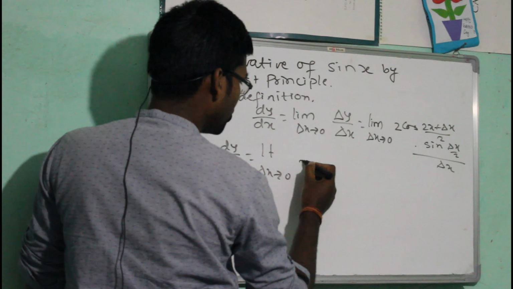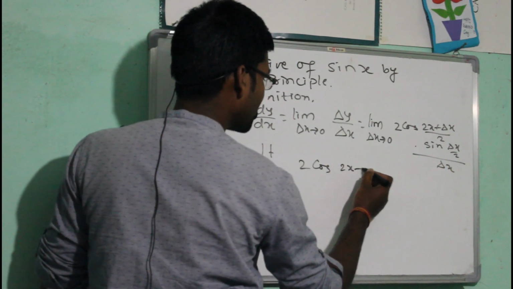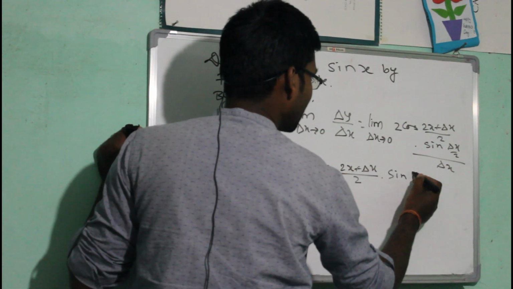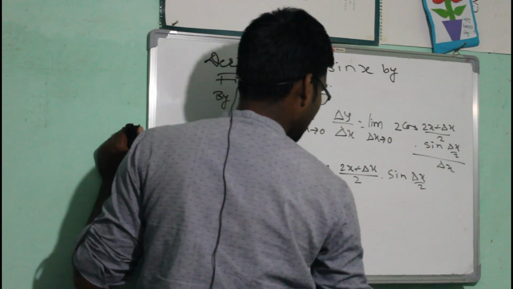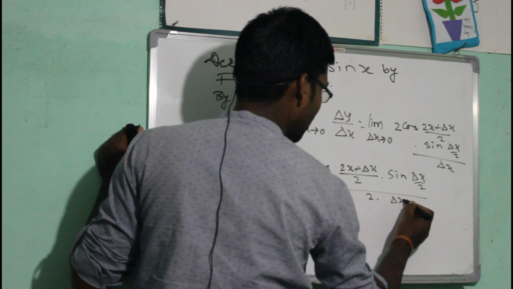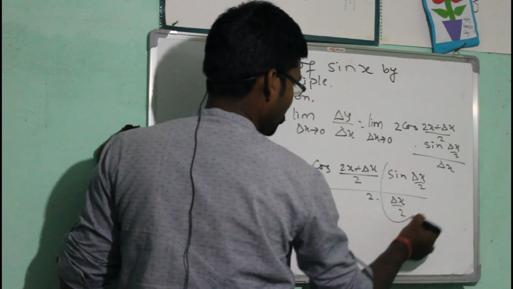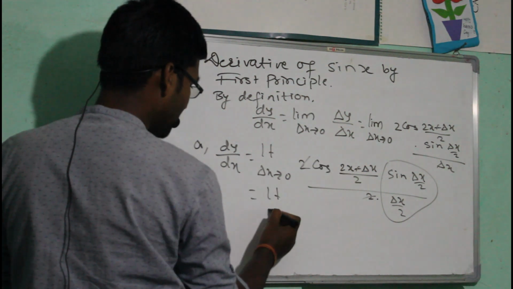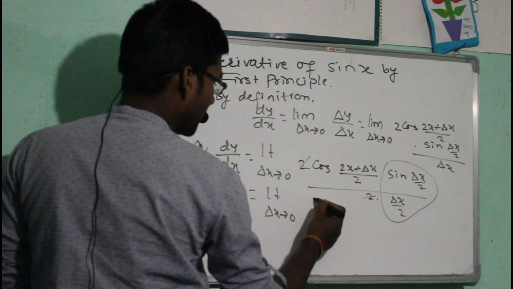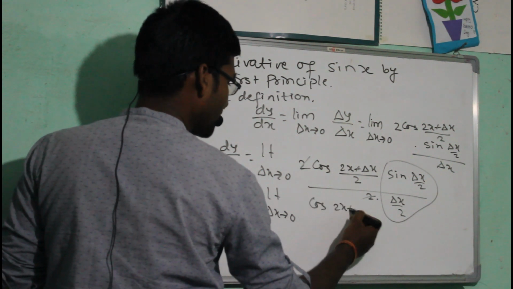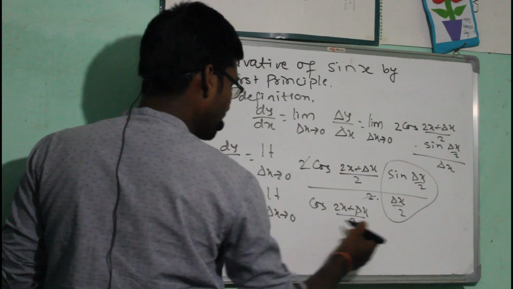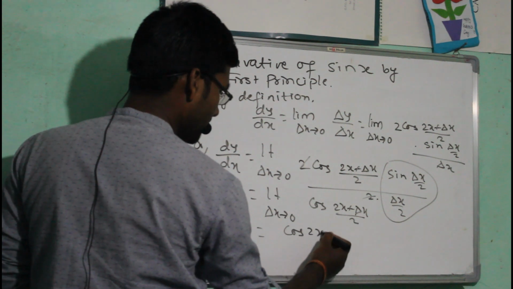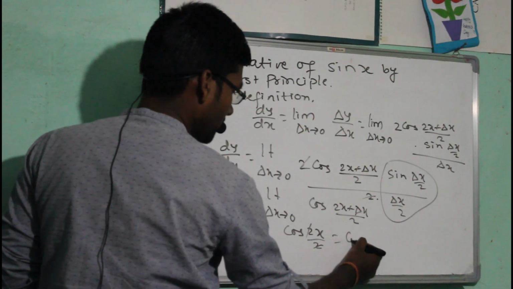So we will write like this: 2 cos((2x plus delta x) by 2), and for the second term sin(delta x by 2), we'll write 2 into (delta x by 2), so that we'll get 1 for this, and now 2 and 2 cancel. So we'll be getting limit delta x tends to 0, and the remaining is cos((2x plus delta x) by 2), and if you put delta x equals 0, we'll get cos(2x by 2), that is cos x.